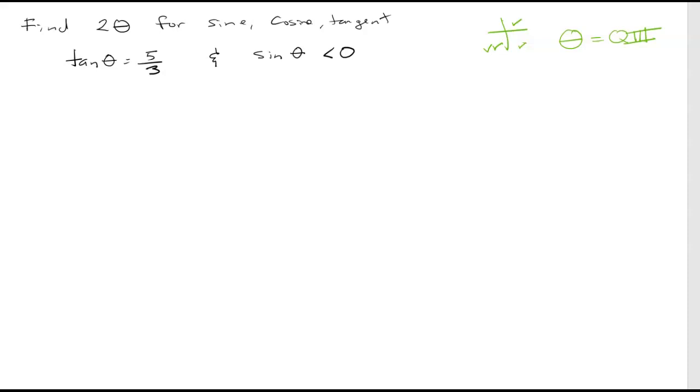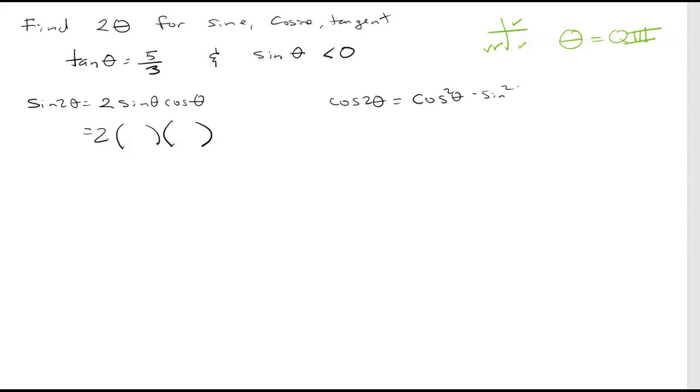In order to find my double angles, let's start off with sine's double angle. For sine's double angle, I'm going to need sine of theta and cosine of theta. Unfortunately, I don't know any of that information yet, so I'm going to leave that blank. For cosine of 2 theta, I'm going to go cosine squared of theta minus sine squared of theta.